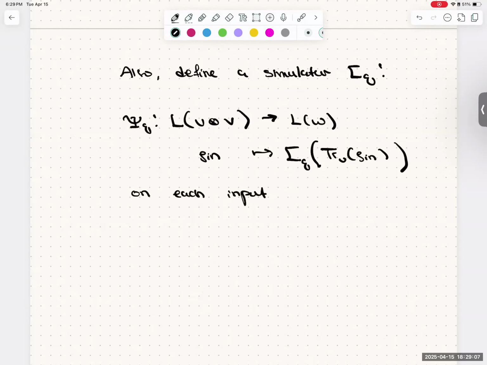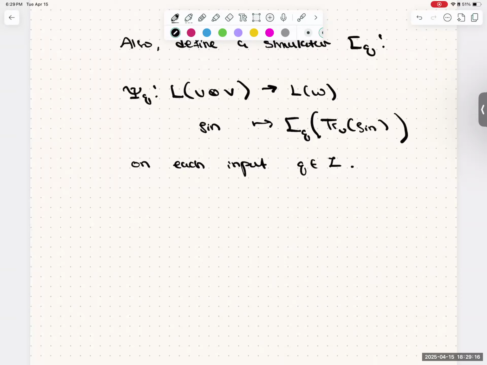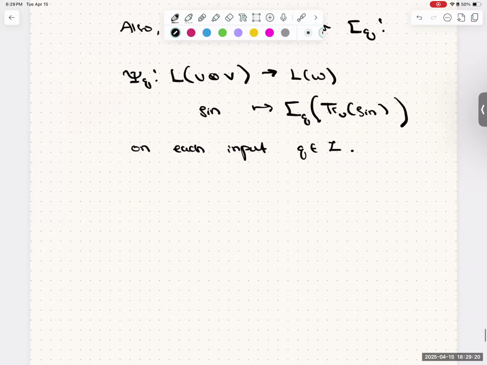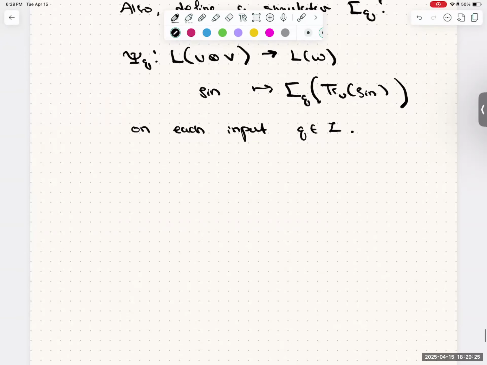So you define the simulator on each input q in L. So what is the simulator trying to do? The simulator is acting only on the reduced state, with the partial trace, that's seen by the potentially malicious server.